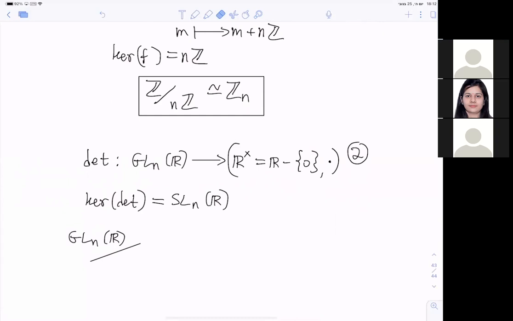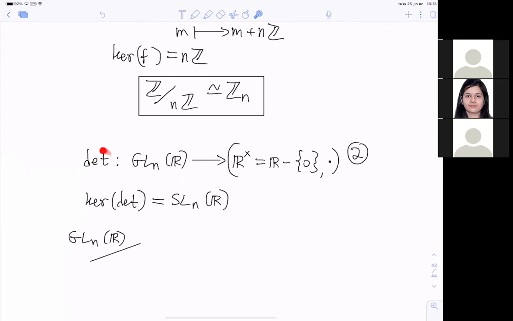by the way, this is another way to show that SLN is a normal subgroup, because, as we have seen, the kernel of any homomorphism is a normal subgroup. Remember that last time we showed that, but this is another way to see it directly.